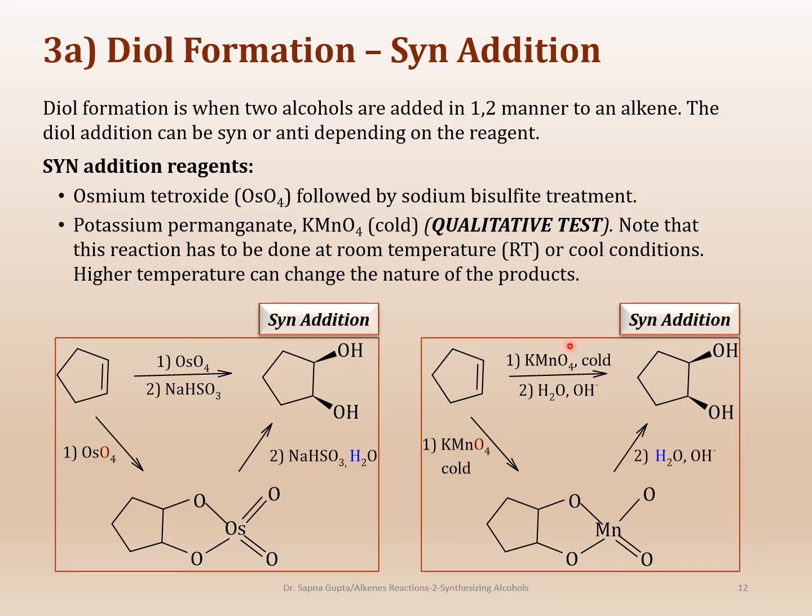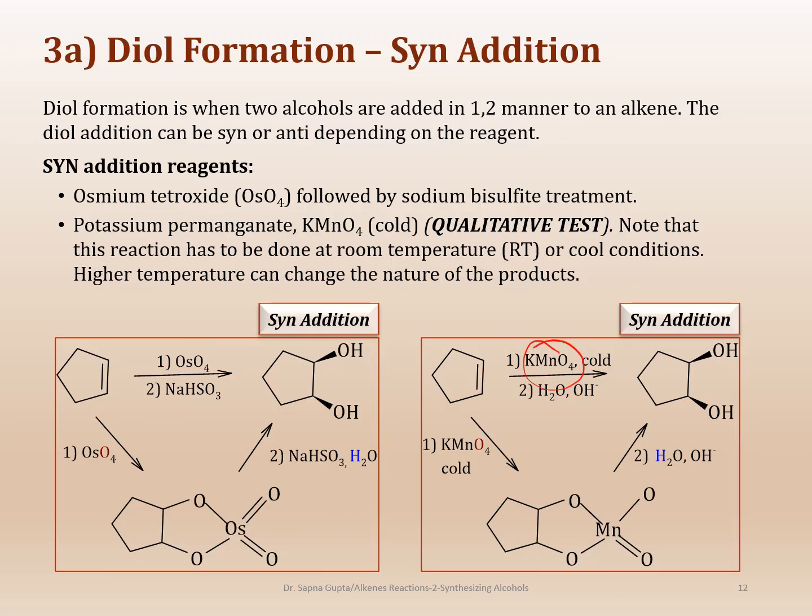Because one of the other things that happens with KMnO4, and that's the qual test also, is that if you add an alkene to KMnO4, you get the diol. So it's kind of like an oxidation, because you're adding oxygen, which means that the oxygen is coming from the reagent. Here also, the oxygen is coming from the reagent. Well, then something is getting reduced. What is getting reduced is the reagent.